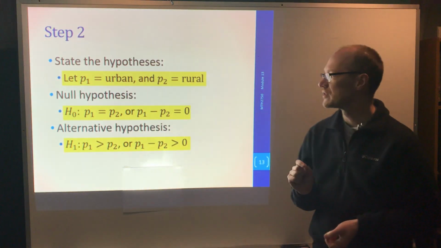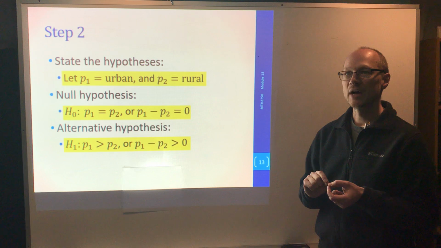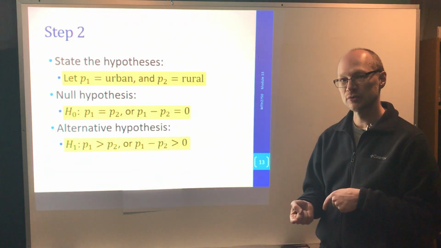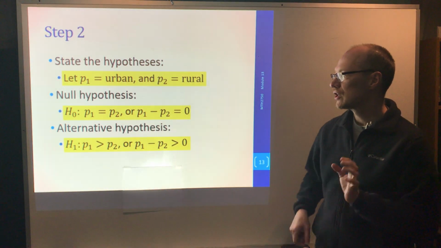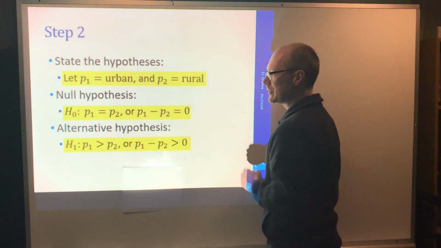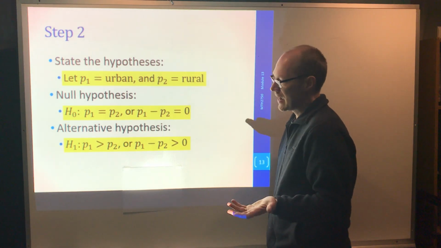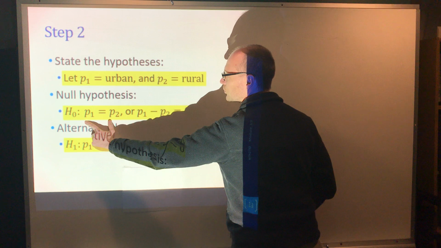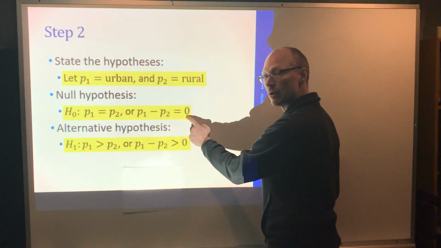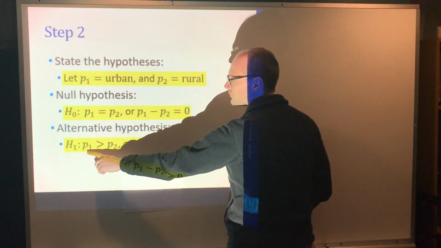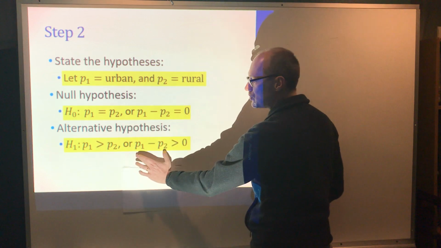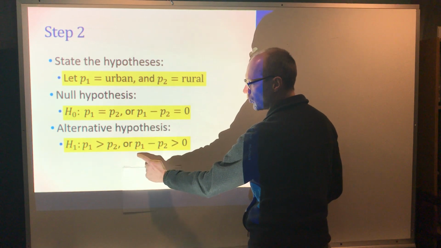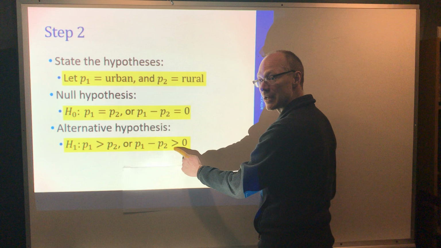But I want you to notice something here that StatCrunch does, the book also does, and consider this comparing things to 0, which I kind of like. If these two are equal to one another, then wouldn't their difference be 0? And if the first proportion is greater, then when you subtract them in this order, 1 minus 2, you're going to get a positive number.